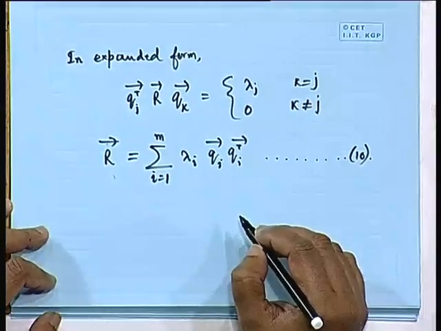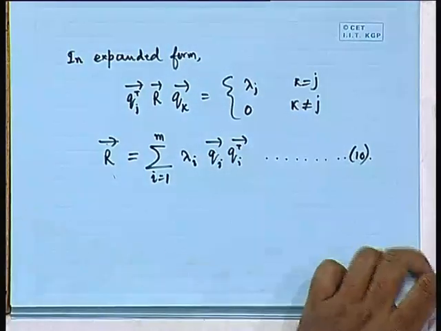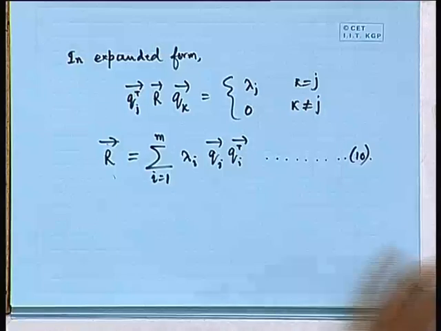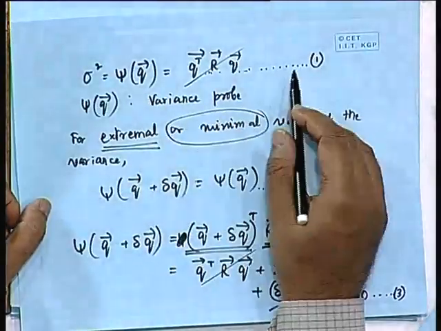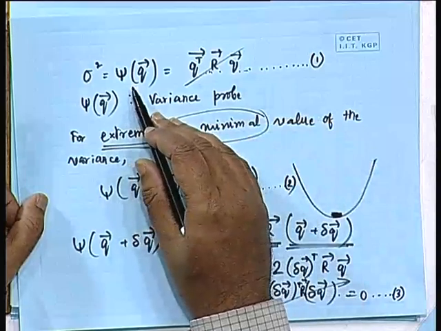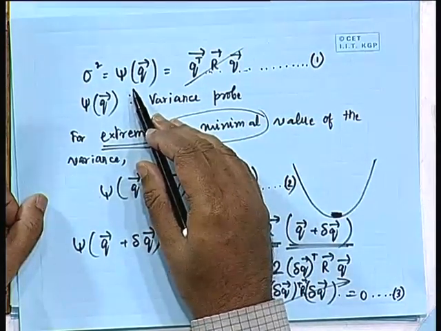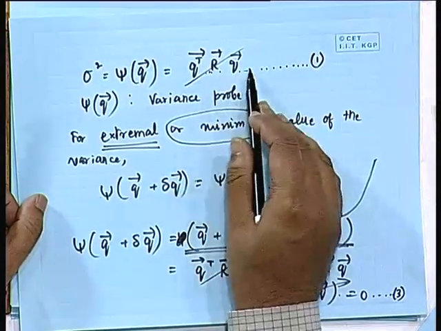One thing which you can see is that from equation number 1 that we had got, psi of q is equal to q transpose R q, and q transpose R q is equal to what?